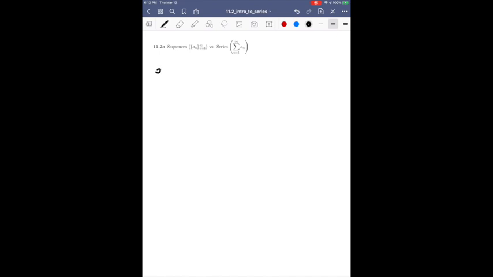So as an example, let's consider the following series. This is the series from n equals 1 to infinity of, let's just do 1 over n plus 3. So if we're to write out the first couple terms in this sum or series, the first term would be when n equals 1, we just plug in a 1 for all the n's, and all the other terms we leave the same.